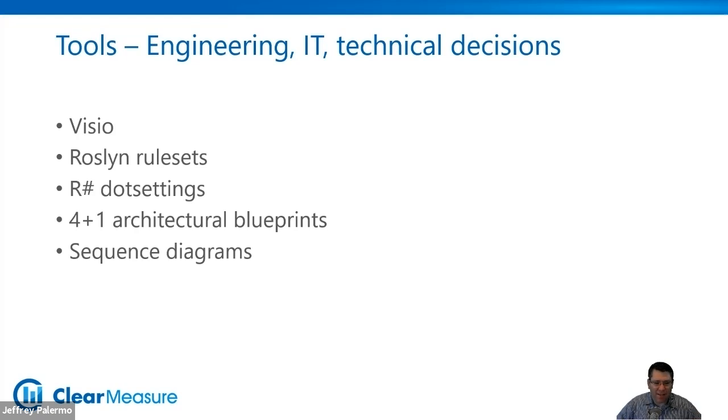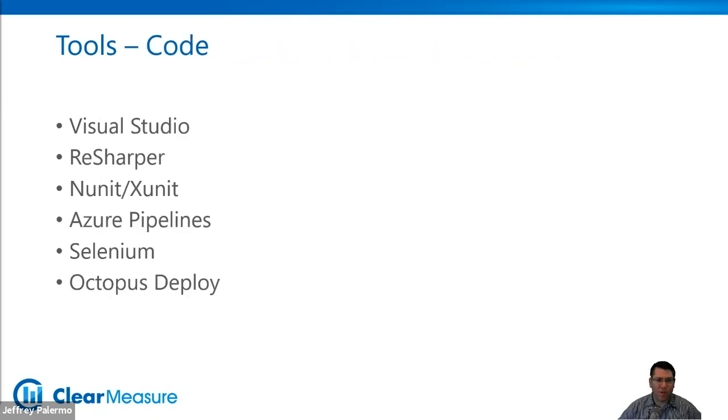And a lot of times, if you draw a sequence diagram, the vertical lines will be a class, and it allows you to even specify names of classes if you need to. And then the lines between a vertical line tend to be methods. So you can get really concrete, and it helps to illustrate the choice of a pattern and how to implement it. All right, so tools for code.